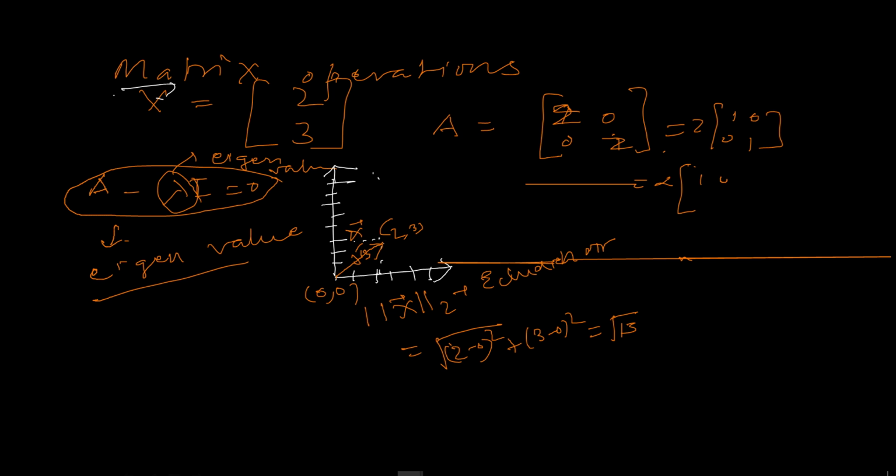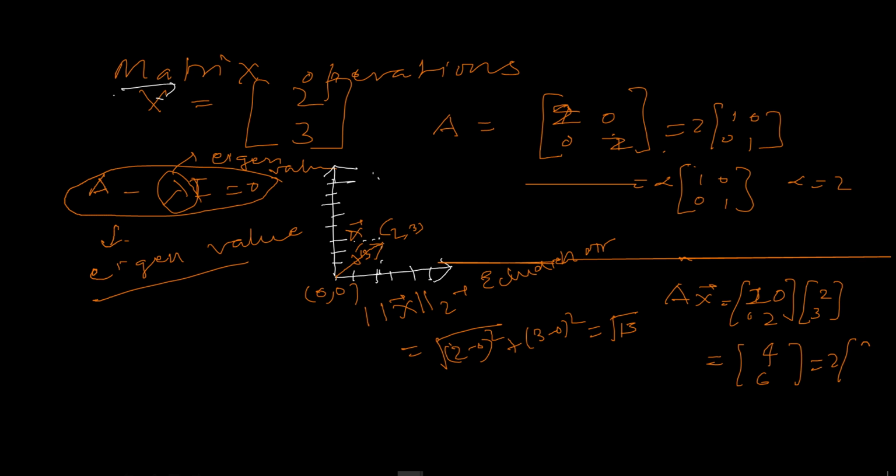We are doing 2 0 0 2 multiplied with vector 2 3, and you are getting 4 and 6. That means I can write this as 2 times (2, 3). This is multiplying the same vector by the magnitude 2. So this we call sigma, or the eigenvalue.